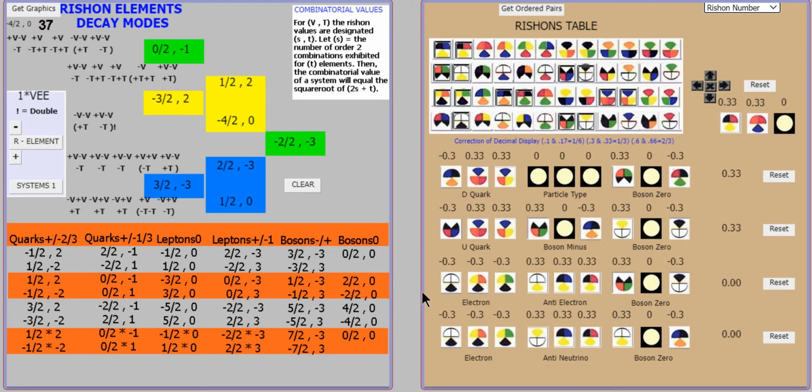And we have a Rishon number for the electron of minus 1 and for the anti-electron of plus 1. And for the antineutrino, we have a Rishon number of plus 1. For the bosons, of course, again, we have a Rishon number of 0.